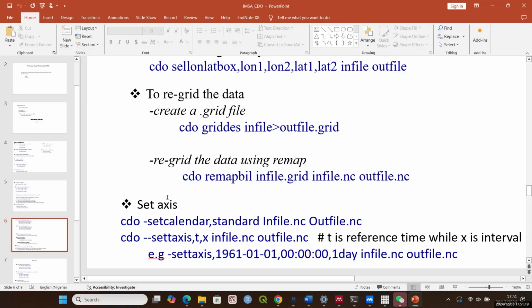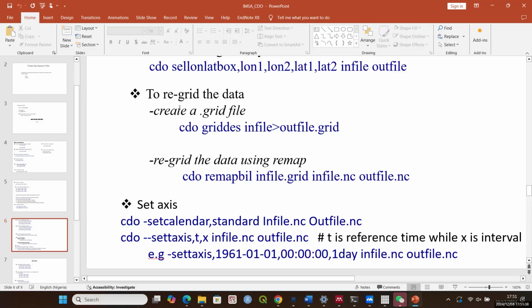I didn't have this data. I need to prepare. Next time, maybe we can just have a quick practice on how to set the time axis on your data.